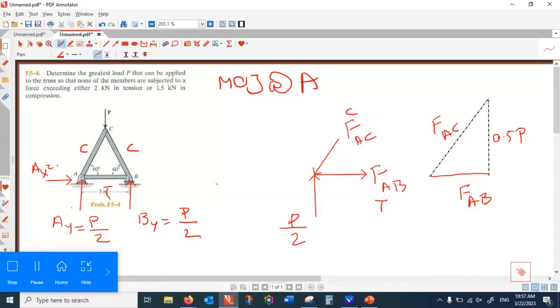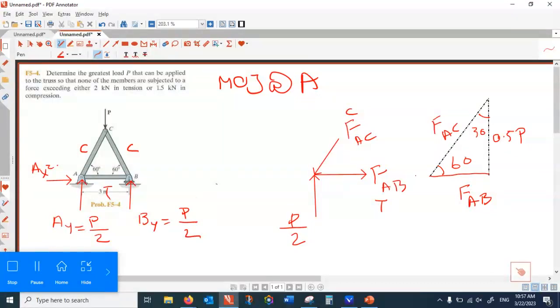All right. What are the angles? That angle is 30 degrees. This angle is 60 degrees. Okay.